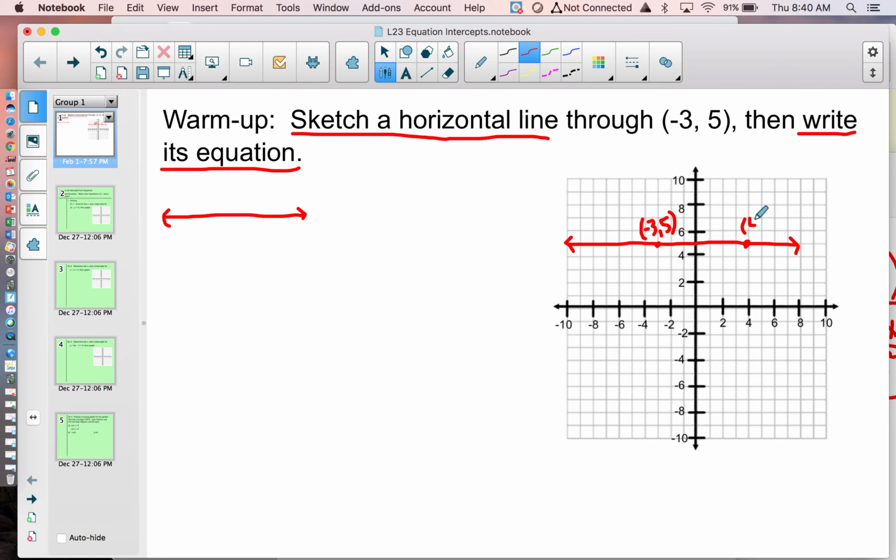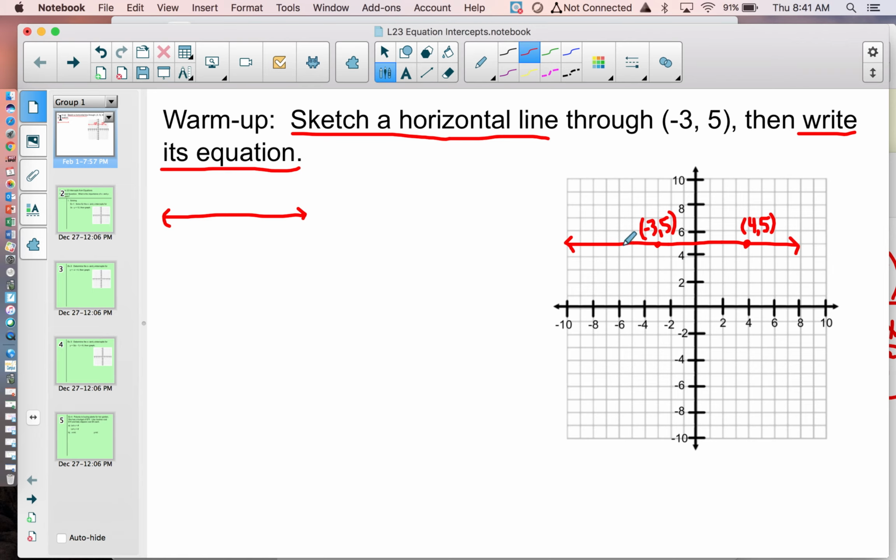Okay, now when we're writing an equation for this, you're going to notice a couple things. First, the x values are different, but the y values are the same. So the x could be whatever. The x can range from whatever to whatever.